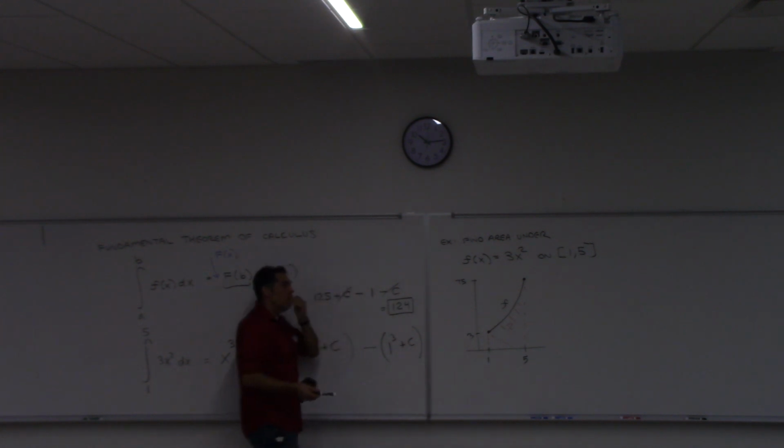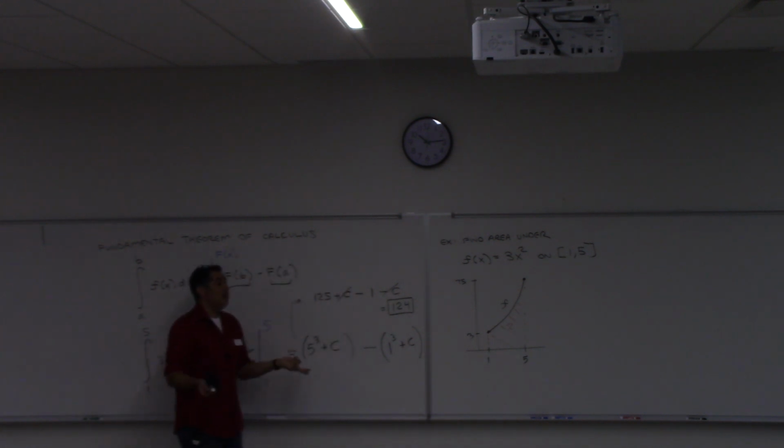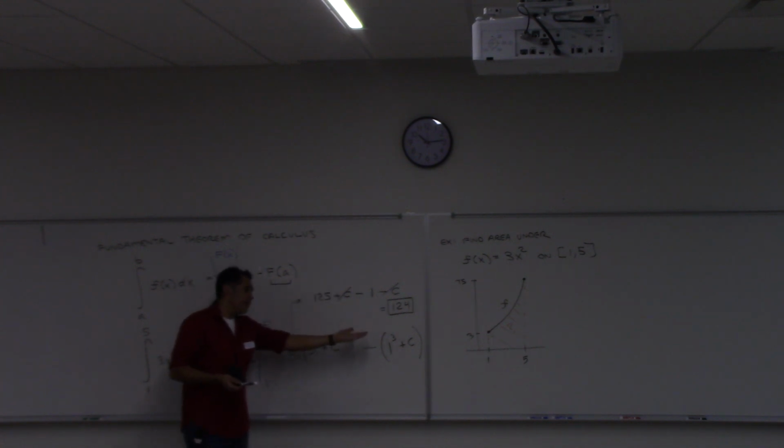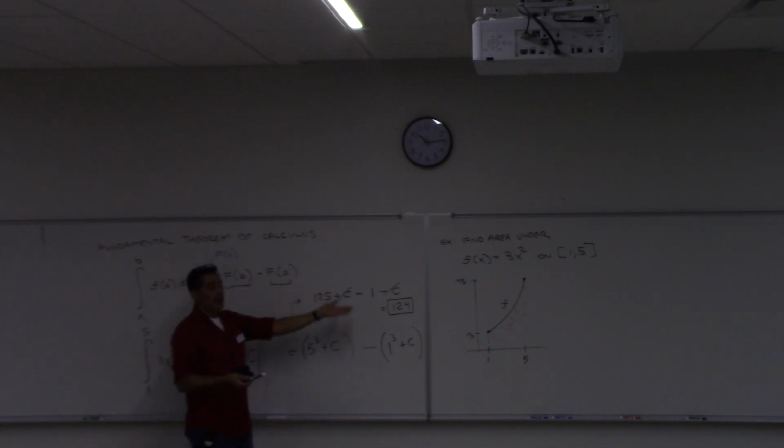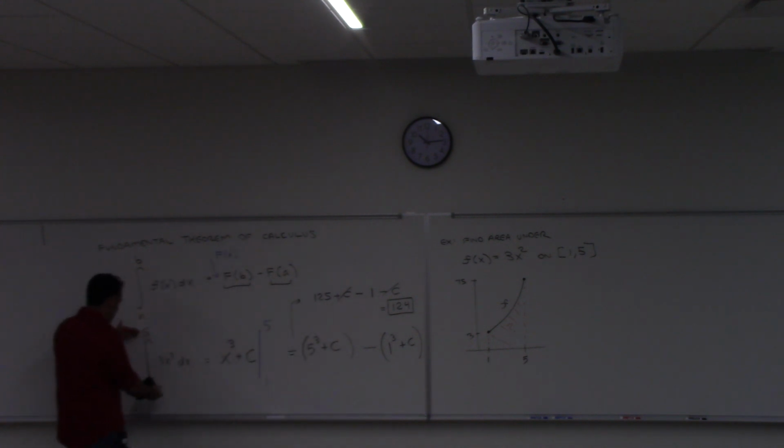No, because what we're doing is calculating a number, and that number has a geometrical meaning. It's the area under the curve. It's not f of x or capital F of x. It's just the area under that. So we just say this right here is the area, and it's equal to 124.